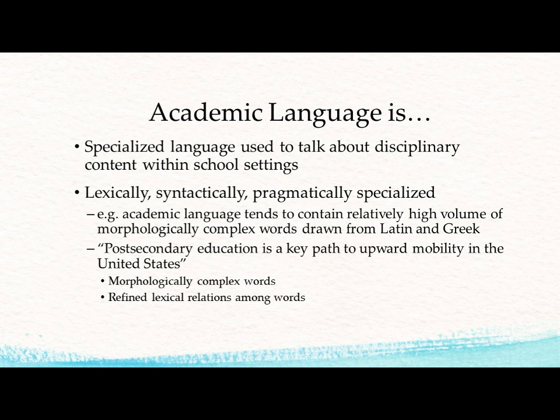Academic language includes morphologically complex words and refined lexical relations among words. So students with language disorders will certainly struggle keeping pace with the rigorous demands of the Common Core state standards, or the state standards in your state if not a Common Core state.